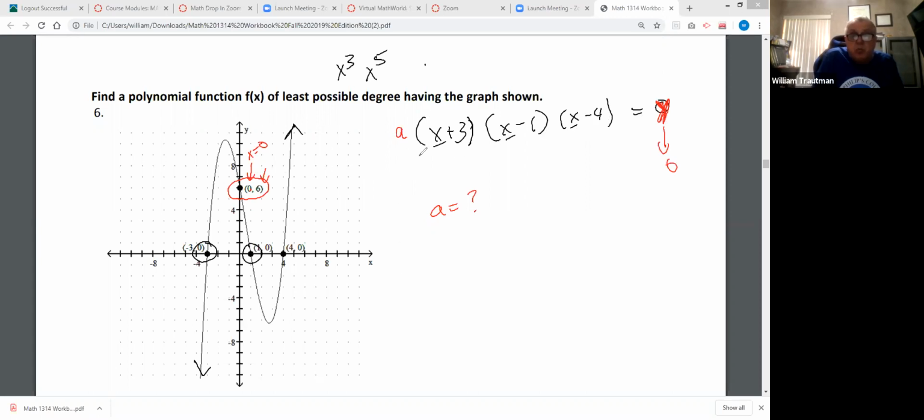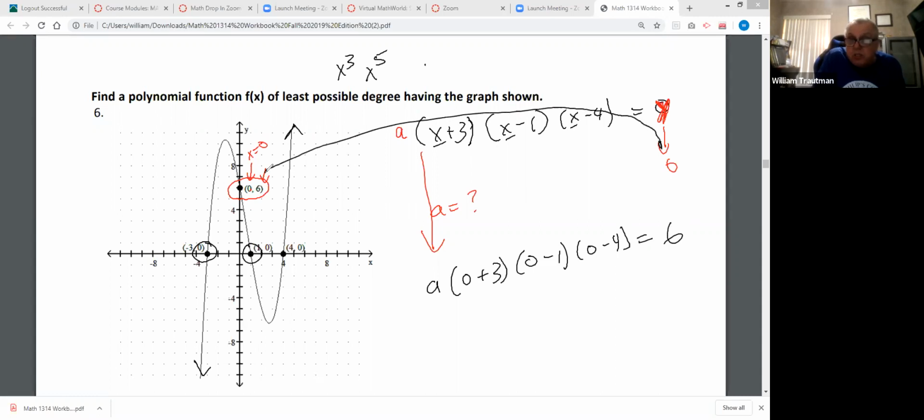I'm going to bring it all down. a times 0 plus 3, times 0 minus 1, times 0 minus 4 equals 6. You see, this is where that y comes in. If x is 0, y is 6.